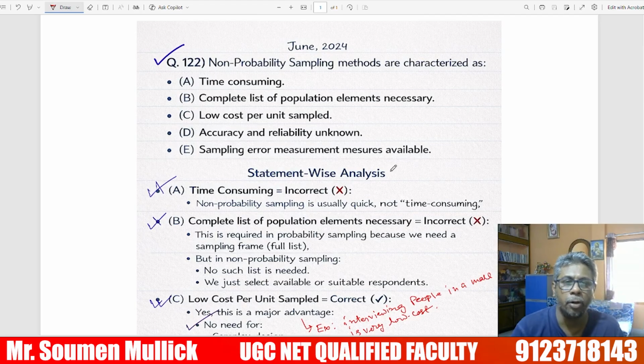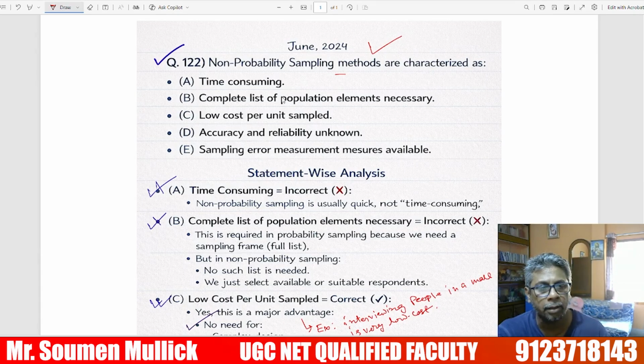This question is based on non-probability sampling. Non-probability sampling methods are characterized by which of these?